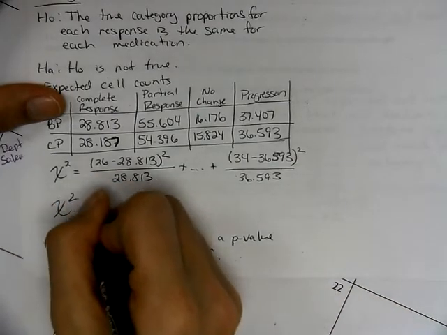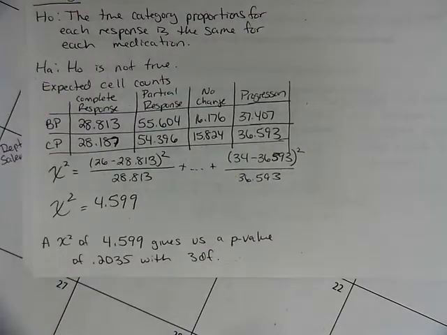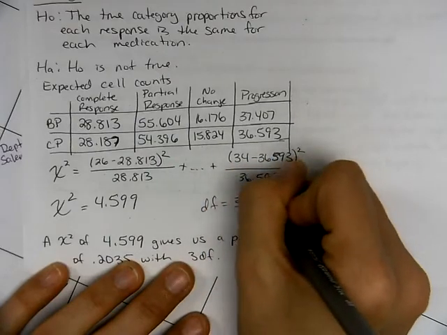And then you can always write chi-squared equals 4.599. I wrote it in my sentence, but you can put it too.